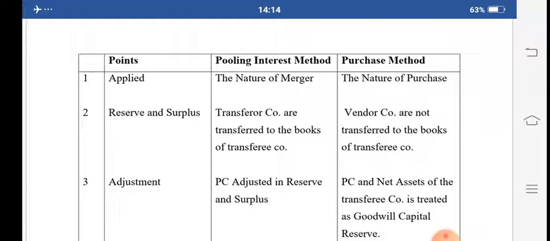But in the purchase method, the reserves and surplus of the vendor company, which is the transferor company, are not transferred to the books of the transferee company. So this is the difference for reserves and surplus.